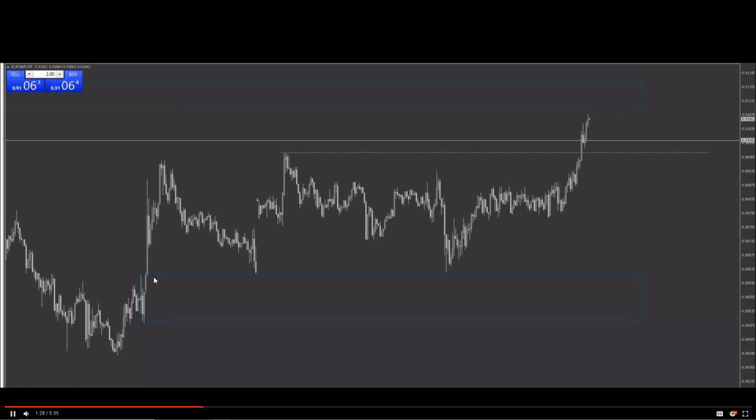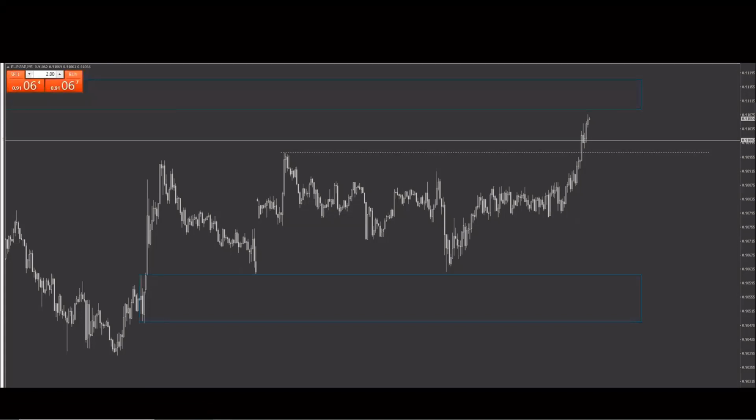And I just marked out this base down here. Although I expected this to move lower, that base was my first target. And at the time, it looked like a relatively good spot to take profit, as you can see the top portion of that level has already been tested twice, but the bulk of it remains quite fresh.